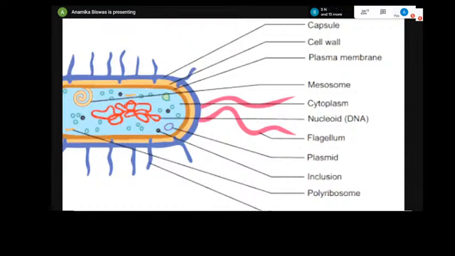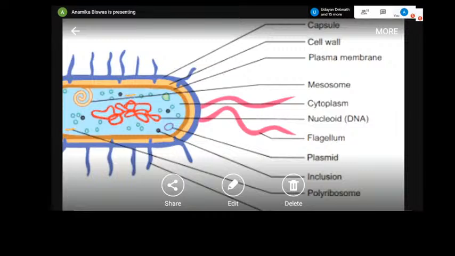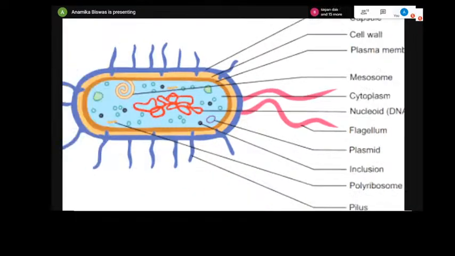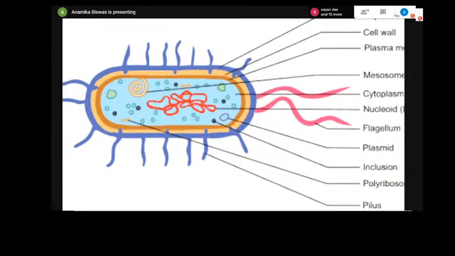It is made up of peptidoglycan, that means one kind of carbohydrate. So this layer is a rigid and solid covering that gives a particular shape and strong structural support to the cell. You can see that the cell wall is very rigid and very thick.